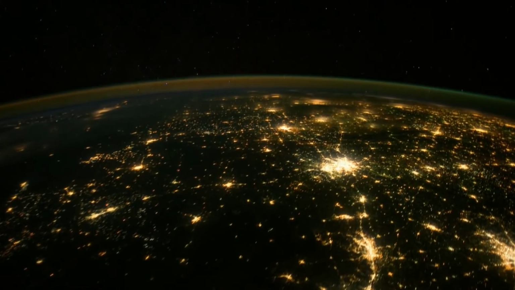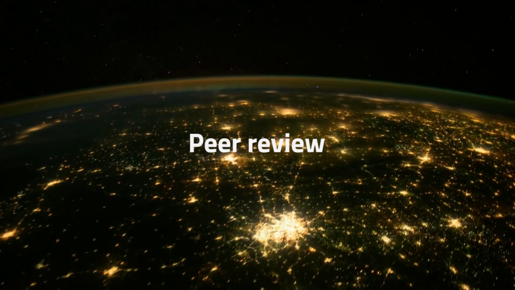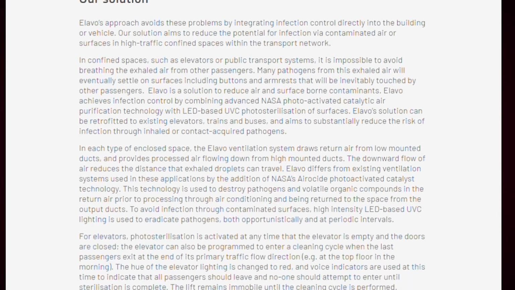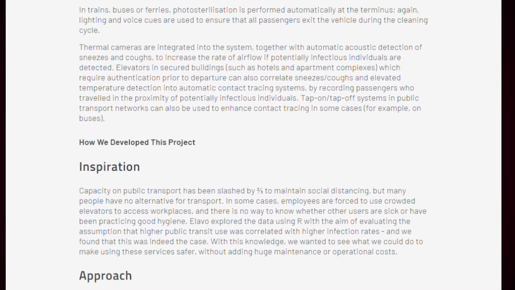Number 8, peer review. Before hitting that submit button, make sure you and your group mates proofread your work. Read the project thoroughly and be mindful of any errors and mistakes along the way, whether it is grammar, spelling, or anything else.